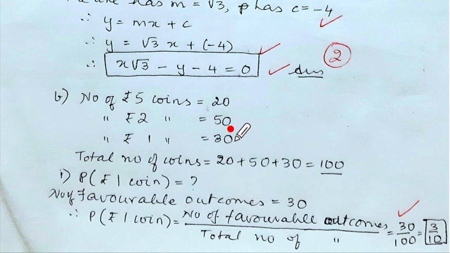They would be all 1 rupee coins, that means 30. So probability of rupee 1 coin to be drawn would be number of favorable outcomes upon total number of outcomes. That will be 30, which is the favorable, upon total, which is 100 here. And that will cancel this 0, and 3 upon 10, that's your answer 1.